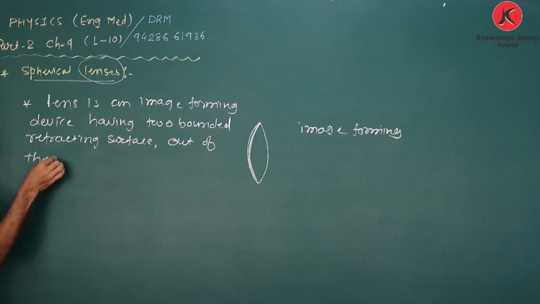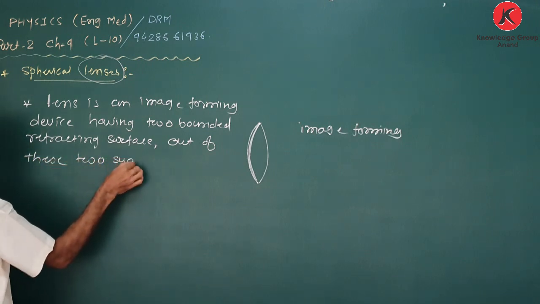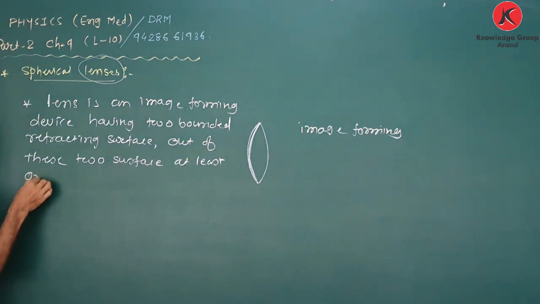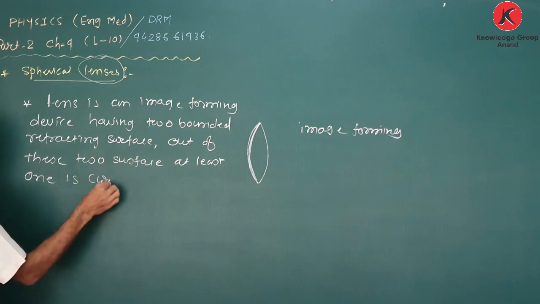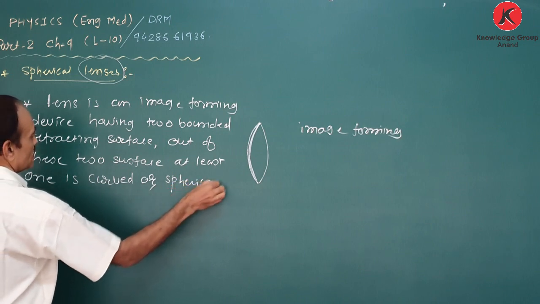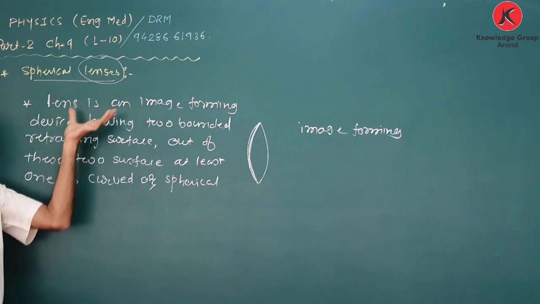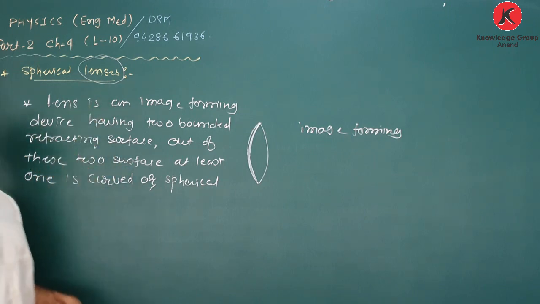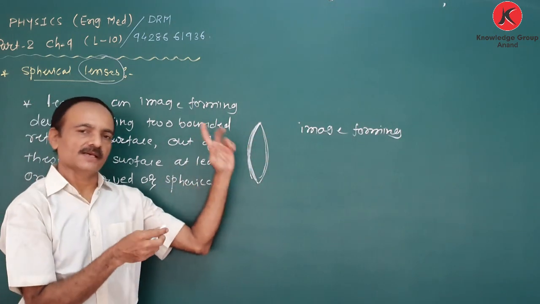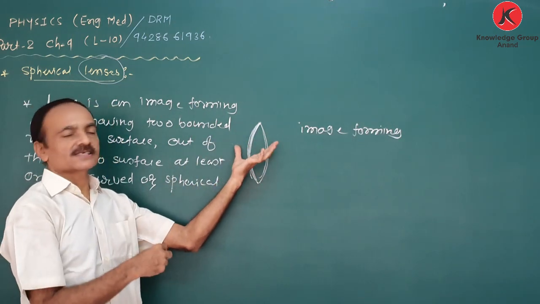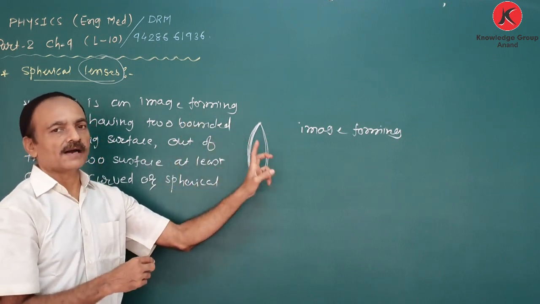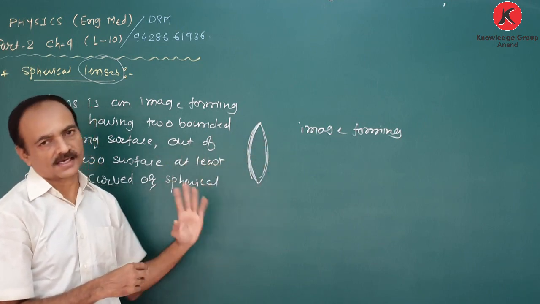Out of these two surfaces, at least one is curved or spherical. So this is the concept of the lens: an image forming device with two bounded surfaces, and these surfaces must be refracting, that means the refraction takes place at both surfaces. Out of these two surfaces, at least one must be curved.